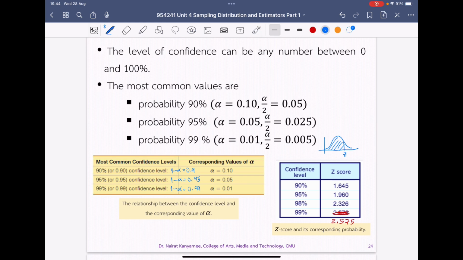For example, for 90%, the area is going to be 0.9 plus alpha over 2. Alpha over 2 is 0.05. So the area is actually 0.95. Look in the table for the z value that has the area of 0.95. We'll be using this a lot. Hope you understand this.